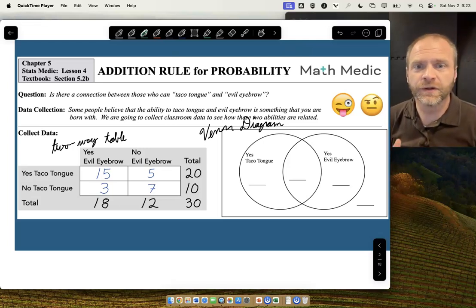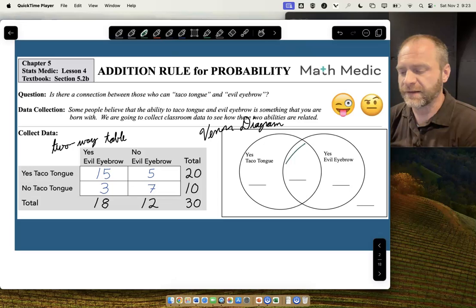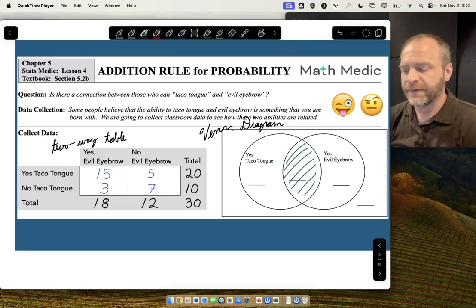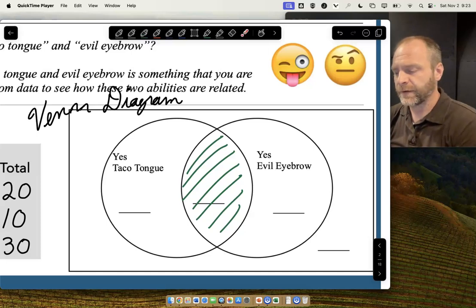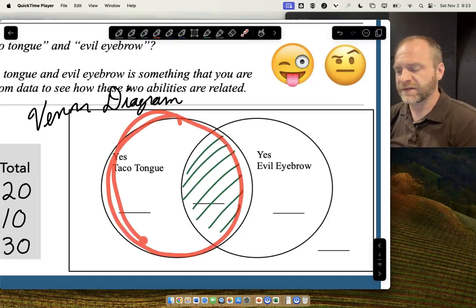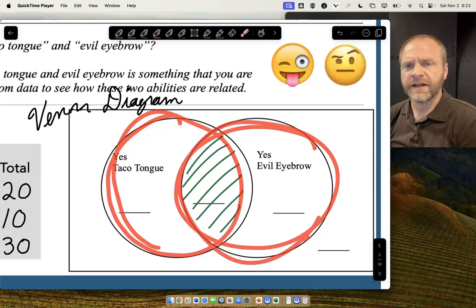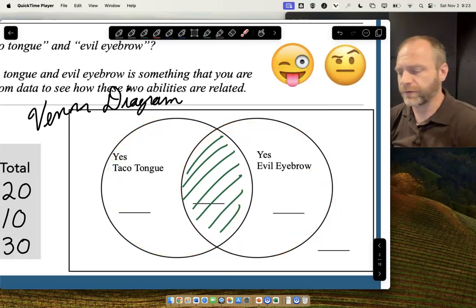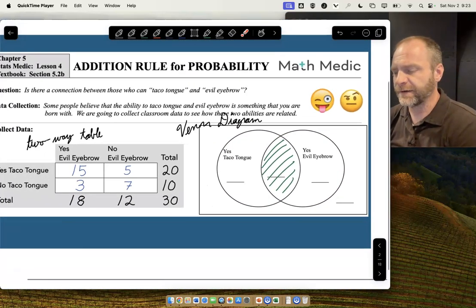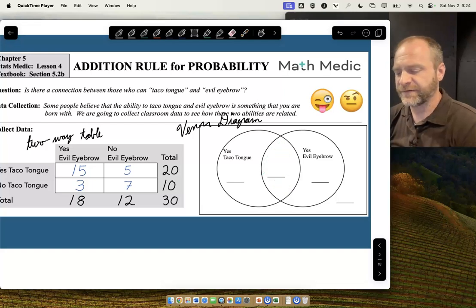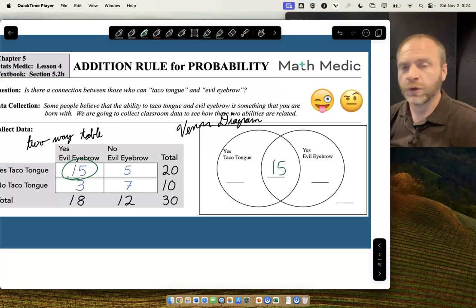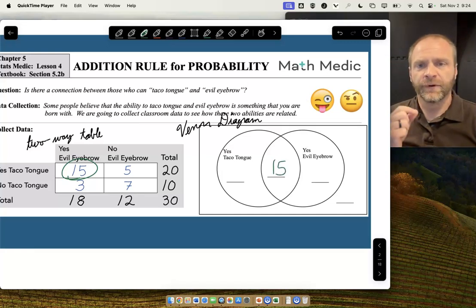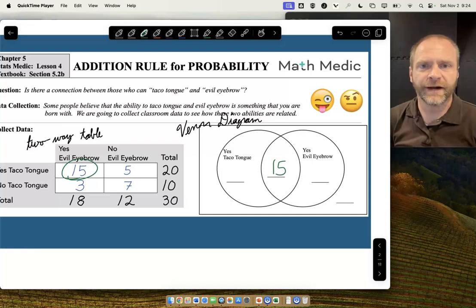That is going to be this section right here, because that section is where the taco tongue intersects the evil eyebrow. Those represent the people who can do both. I see that there are 15 total people right here who can both taco tongue and evil eyebrow.